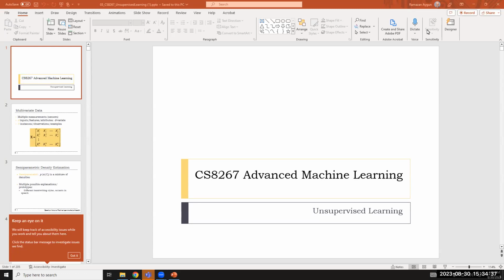Today, we are going to assign the first homework and continue with another topic. This is about unsupervised learning. Typically, when we talk about unsupervised learning, we talk about clustering. Okay? And we'll start with it.